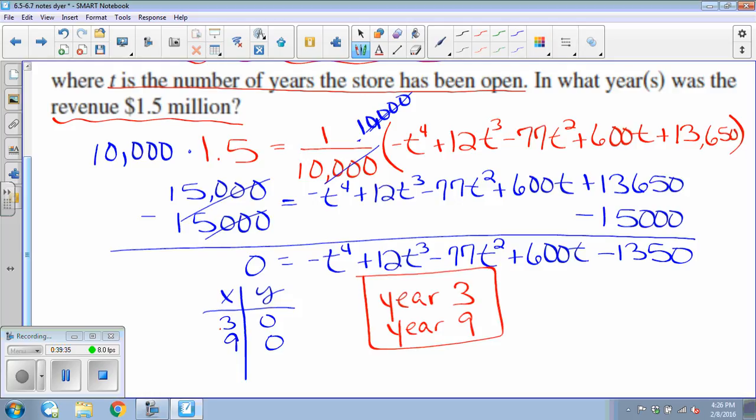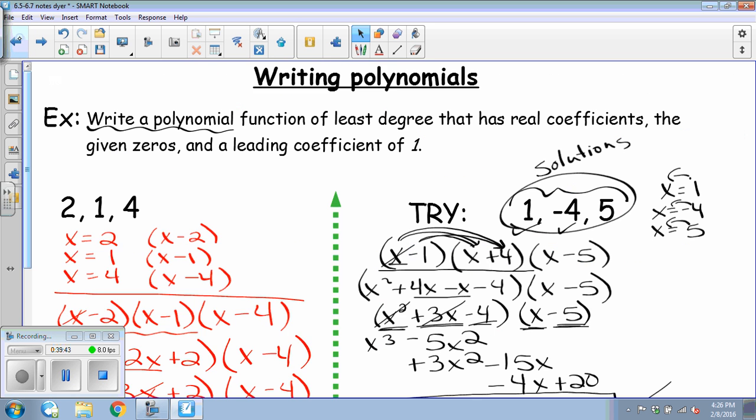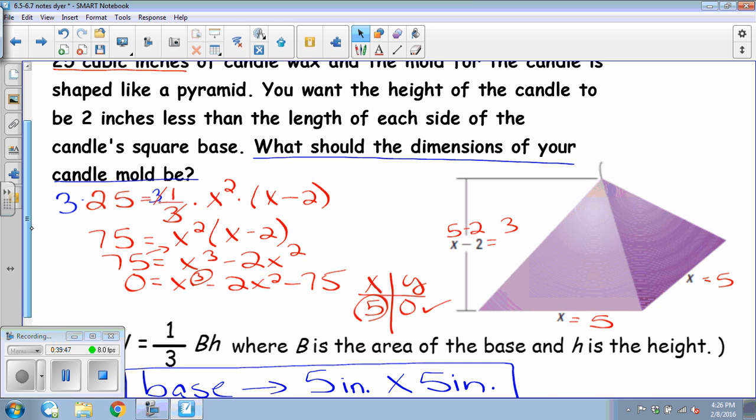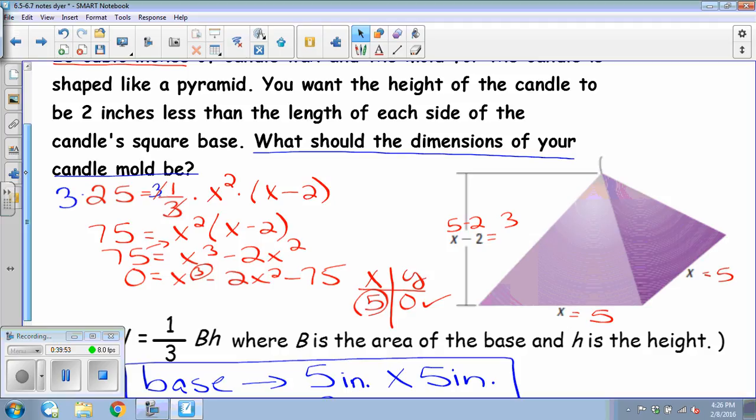You can have two answers in here because it is possible for 2 separate years for them to make that amount of money. In the other problem, it's not possible for you to have a different value for x when you need the volume to be exactly 25 cubic inches. Okay? You can't choose different amounts, different dimensions.